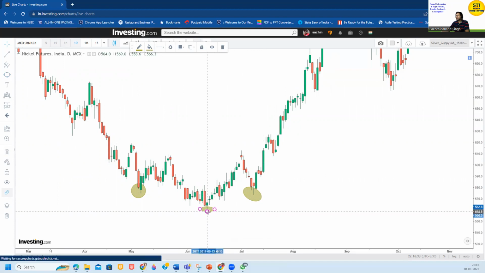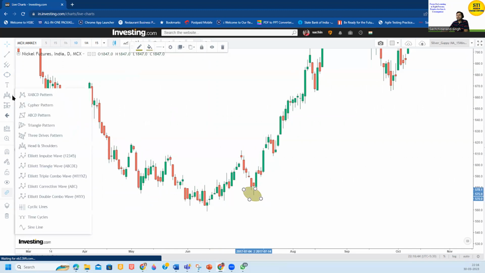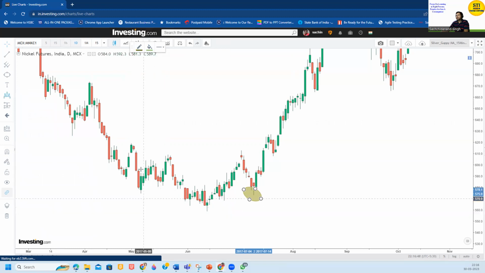Okay, now what is happening? If I need to put the indicator here, I need to start. Let me see, where is the head and shoulder. In the normal head and shoulder, I start at the bottom of the left shoulder, because this is an inverted one.